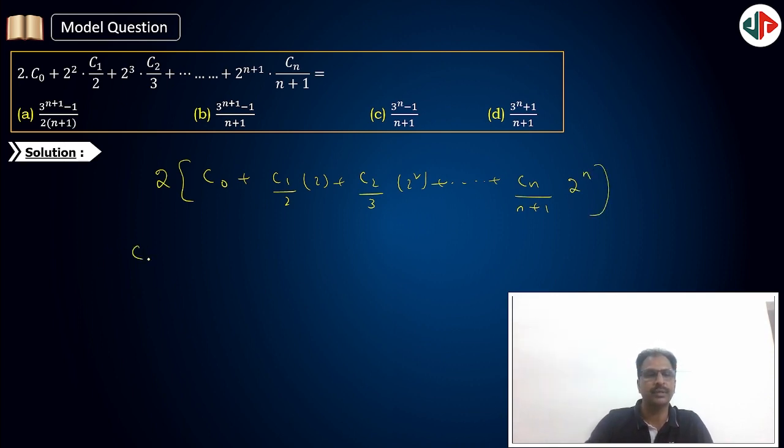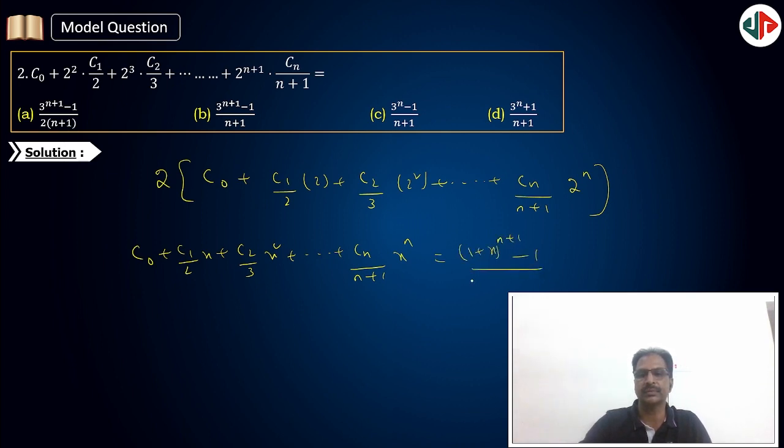And we have a formula like this: C0 plus C1 by 2 x, C2 by 3 x², plus so on, Cn by (n+1) into x^n is equal to ((1 + x)^(n+1) minus 1) by ((n+1) into x). This is the formula we have.